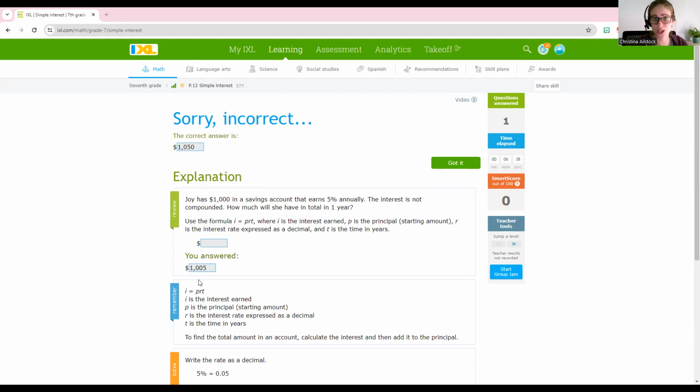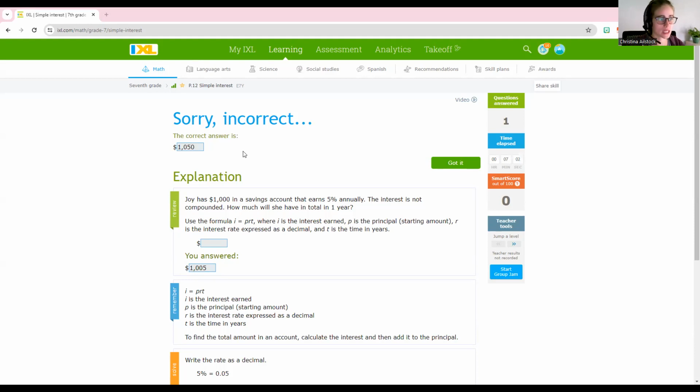That's correct. I'm going to keep this because it's easy and it shows that teachers as well, it's so easy to type something wrong in your calculator or possibly even type it wrong into IXL. And even though you knew what you were doing and you really had the right answer, it still messes you up. So just make sure you take your time. Don't make the same mistake I did and rush, and just double check your work.